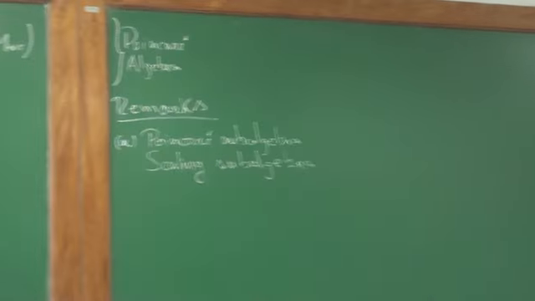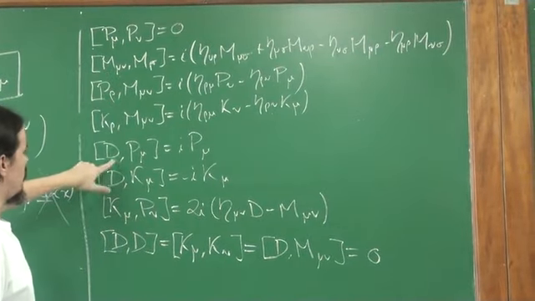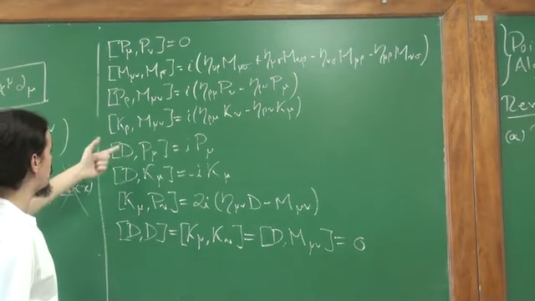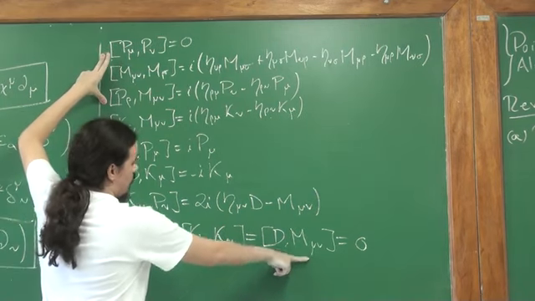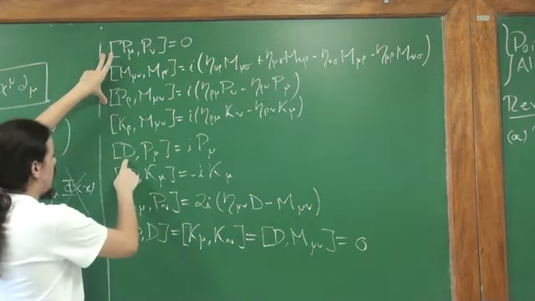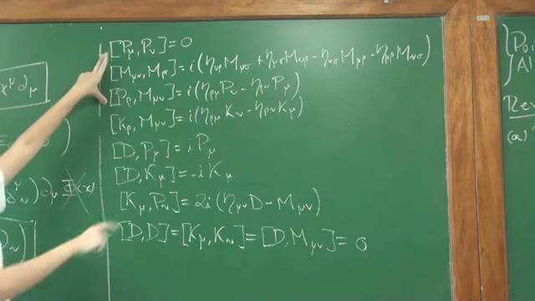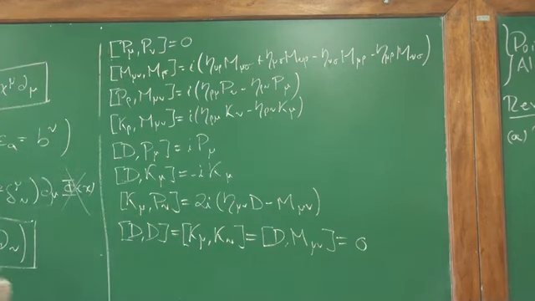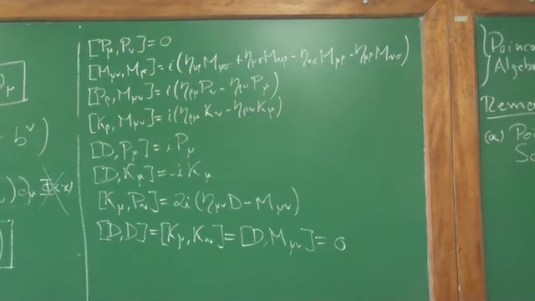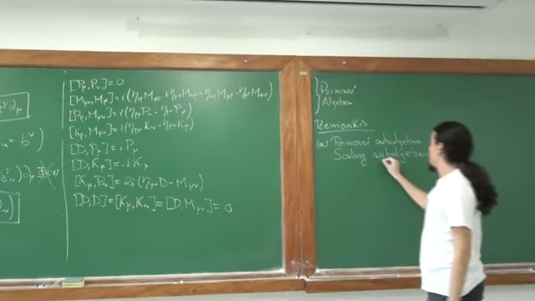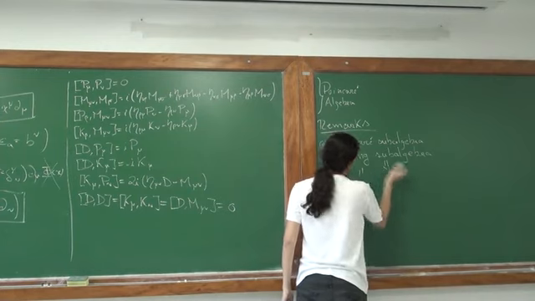Meaning that if you just take translations, rotations, and dilatations or scalings, we see that they close into each other. Scalings commute with the rotations, and scaling with the translation gives a translation. So we have another subalgebra and another subgroup, which is the scaling group.